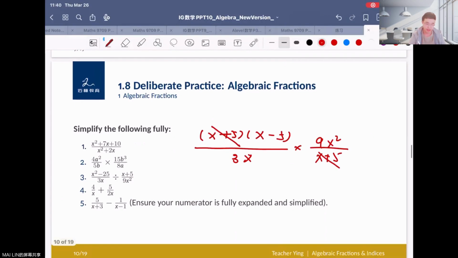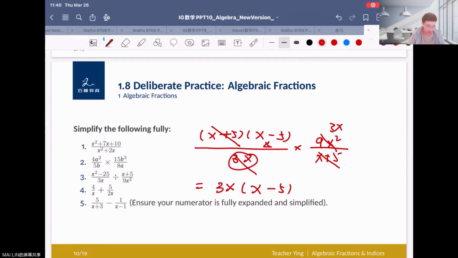And also here, there's 3x and 3x, you can delete them at the same time, okay? That leaves 3x here, and here is x minus 5. So you can write them together, 3x times x minus 5, okay? So that is for the third part, okay?